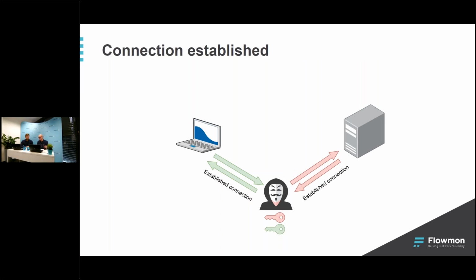So now we have two established connections: between the attacker and the legitimate server, where the attacker pretends to be the client, and between the attacker and the victim, where the attacker pretends to be a server.